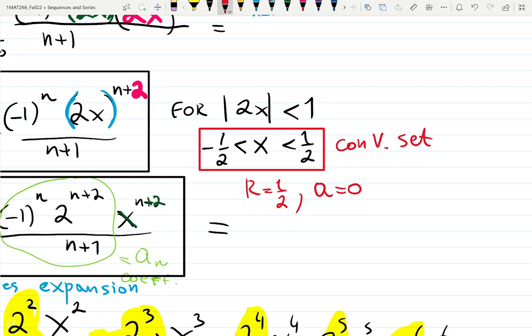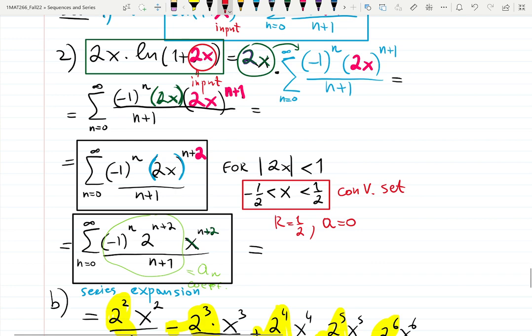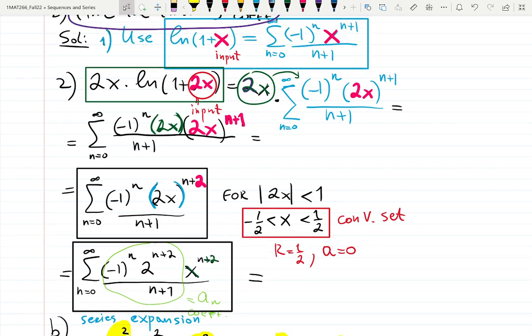This convergence set is very important because this equal sign cannot be where the series does not converge. This equal sign I'm putting between the function and the series cannot happen if the series blows up, because the logarithmic function times x exists.